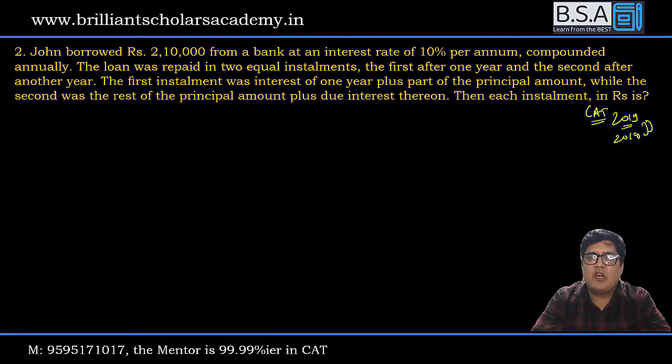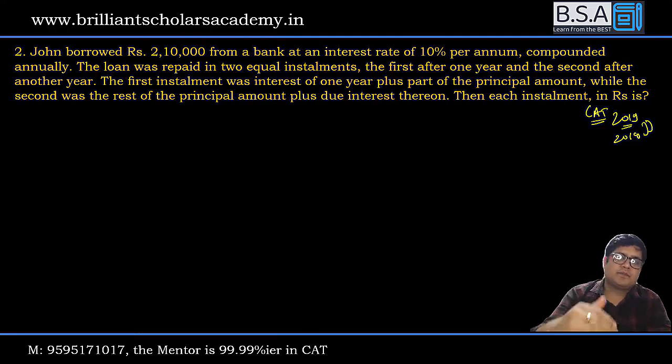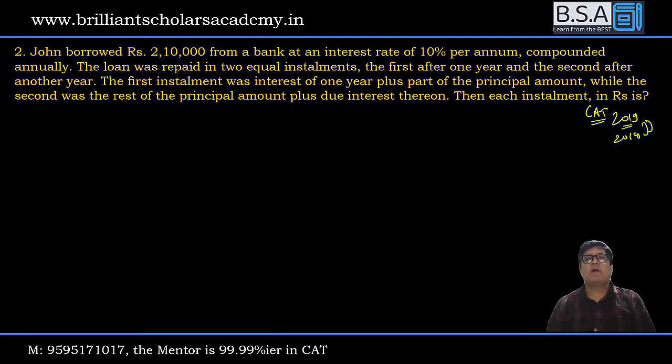The first installment was interest for 1 year plus part of the principal amount, while the second was rest of the principal amount plus the due interest thereon. Each installment in rupees is.